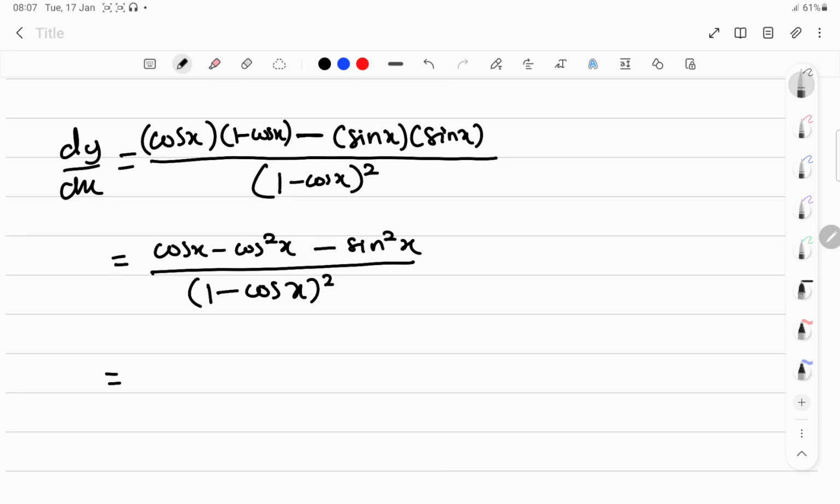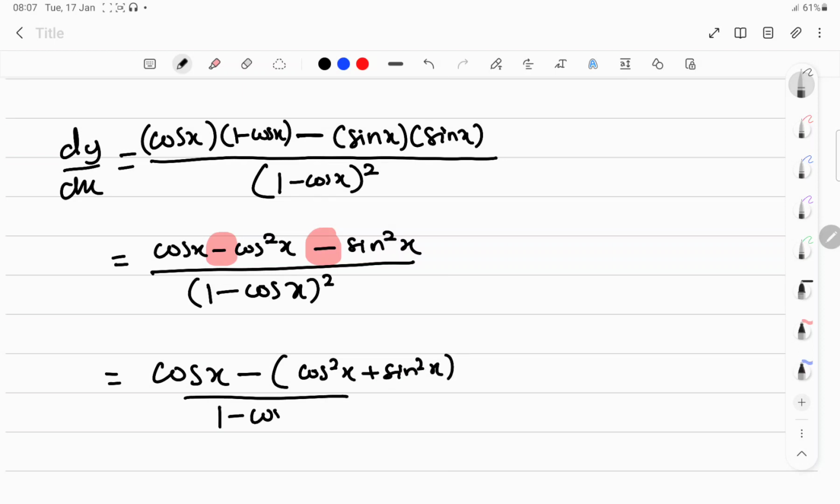Now, this minus over here, I highlight, we can factorize. So what we get? Cosine x minus bracket cosine squared x plus sine squared x, over (1 minus cos x) squared.